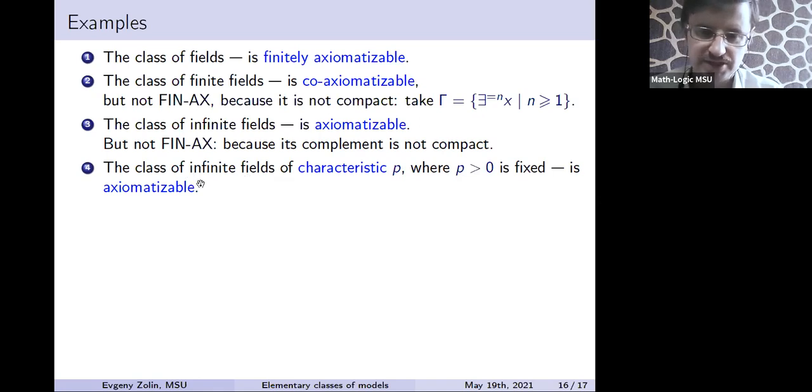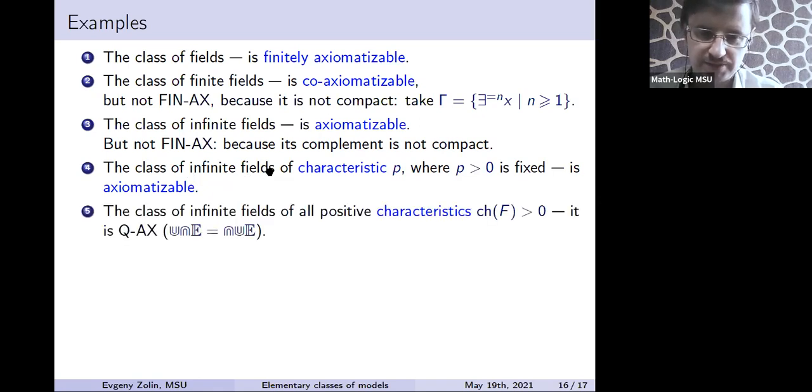So this is an axiomatizable class. And now consider all infinite fields of positive characteristic. So this is some combination of infinite and finite. Of course, it is the union of these classes from item 2, from item 4.